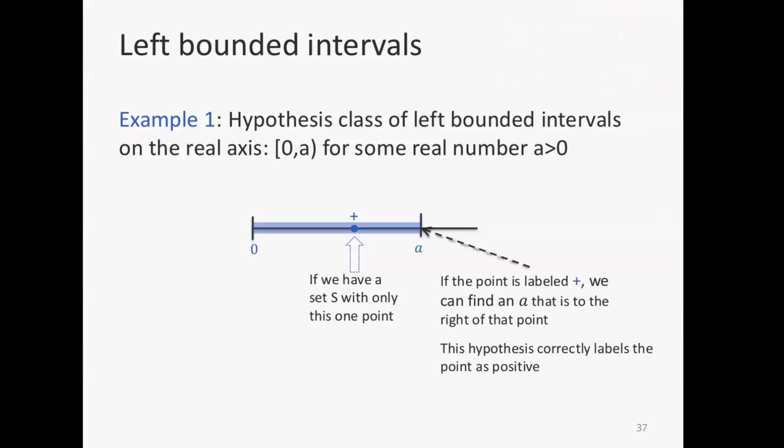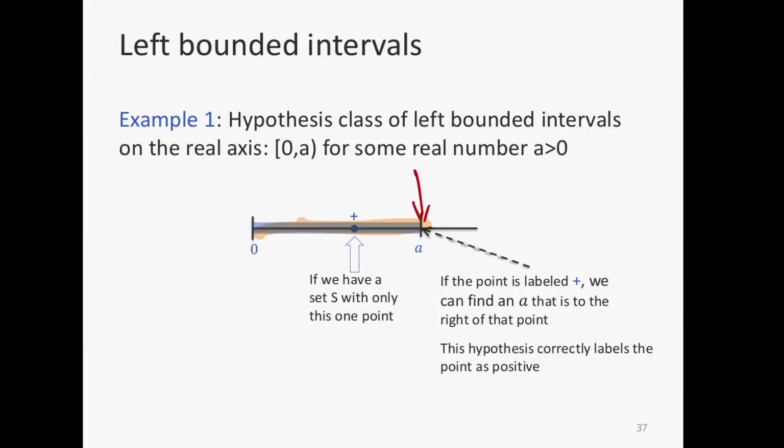I can find a function in the function class that assigns it the right label by putting the a on the other side. Everything inside that shaded area is positive, and the point lies inside that area, so it's a positive point. So if the point is labeled as positive, then I found a function in my function class that also matches that label.